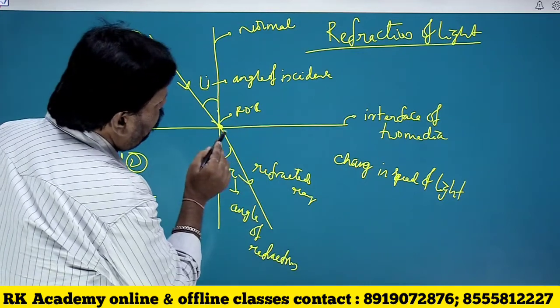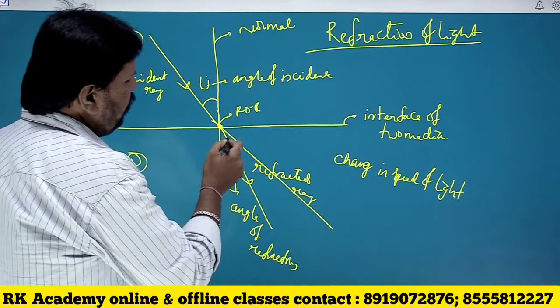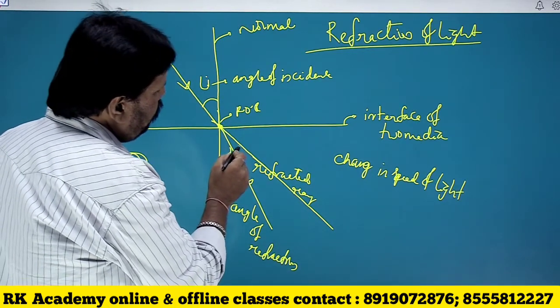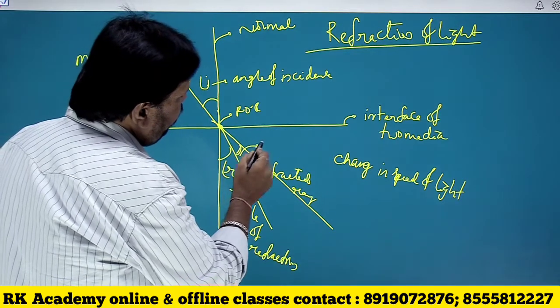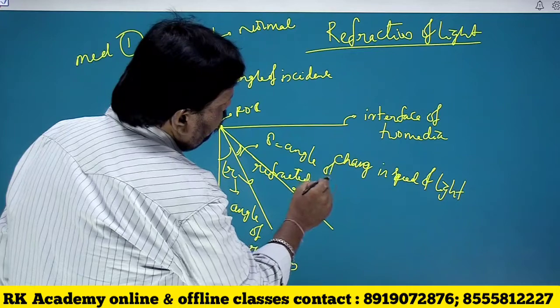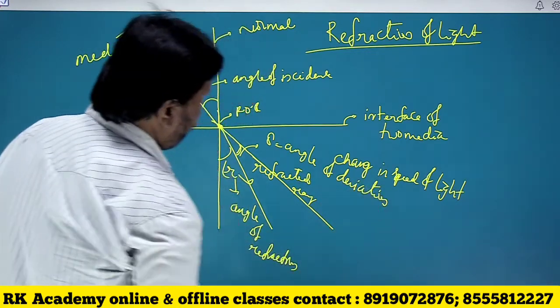For example, if there is no other medium and only one medium exists, what happens? The light would have gone like this. But it was refracted due to the presence of the other medium. So this angle is known to be the angle of deviation.